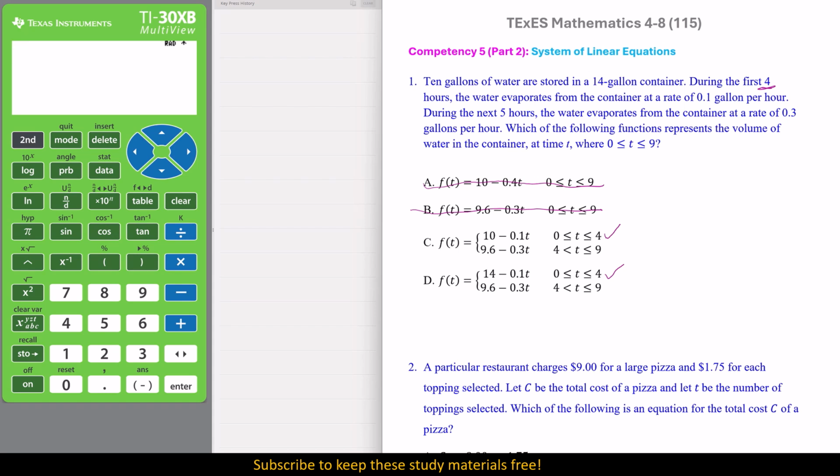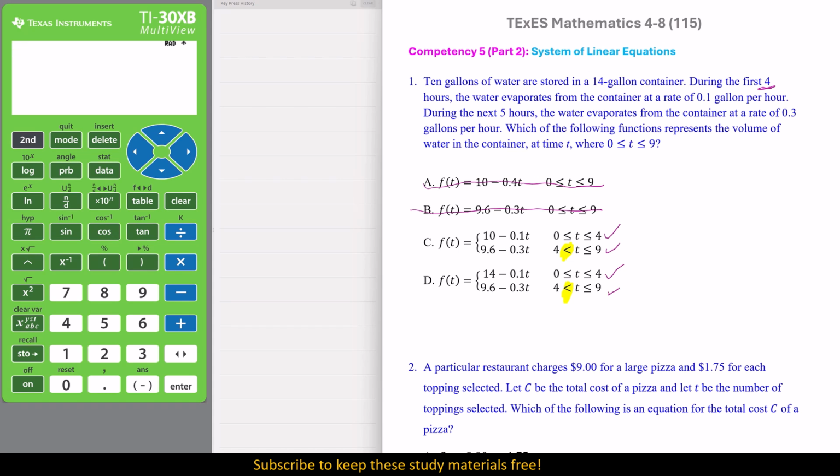During the next 5 hours. That implies that it's beyond the 4 hours. So we're not going to include the 4, right up to 4 hours, and then everything after that is in the second part. And I'm saying that because I need you to recognize that we don't have an equals. And that makes both of those correct as far as splitting up the time limits.